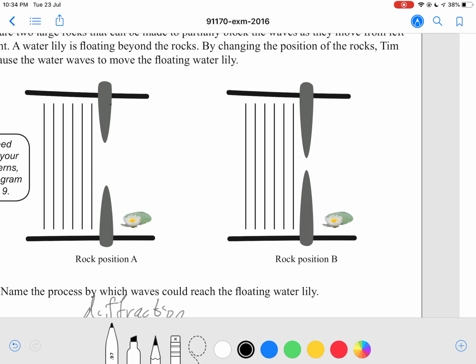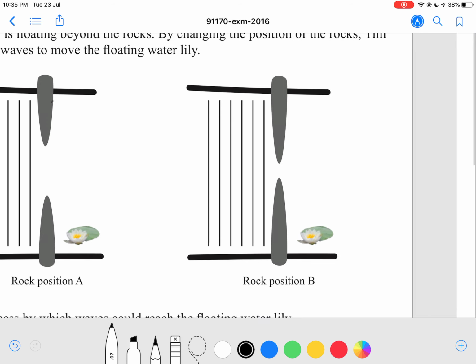And the second thing you have to remember is that the wavelength remains constant, okay? So when you draw your diffracted waves, the wavelengths must be very close. The markers are sometimes quite stingy, so it has to be pretty precisely accurate, okay?